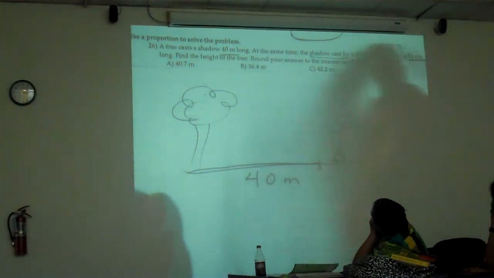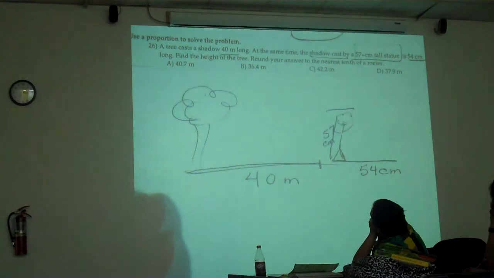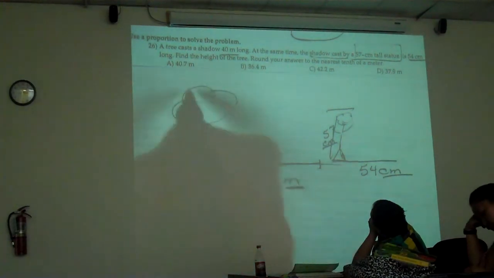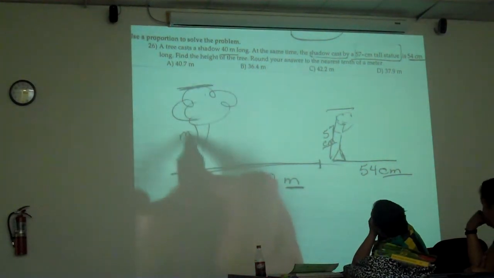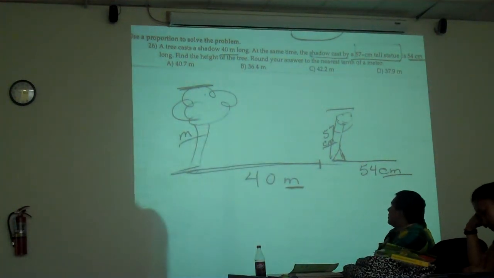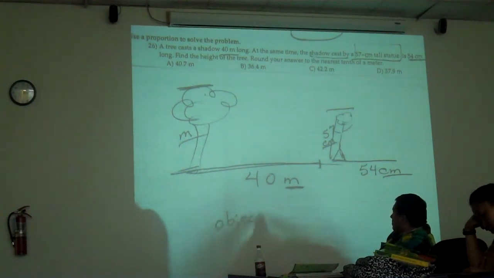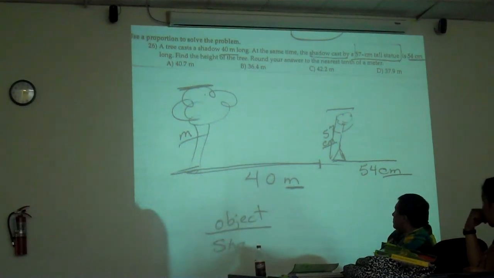The statue is 57 centimeters. Okay, see how these are both centimeters? How tall do you think the tree will be? It'll be in meters. So when we find this number, we know it's going to be in meters. So we're going to put the object over the shadow.